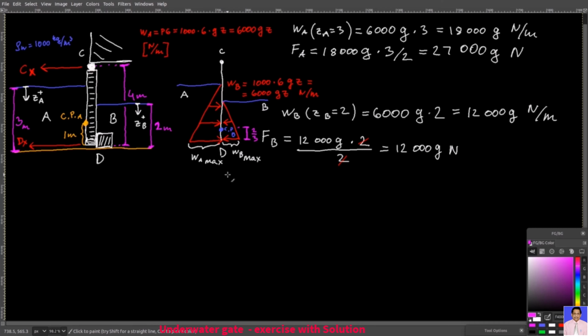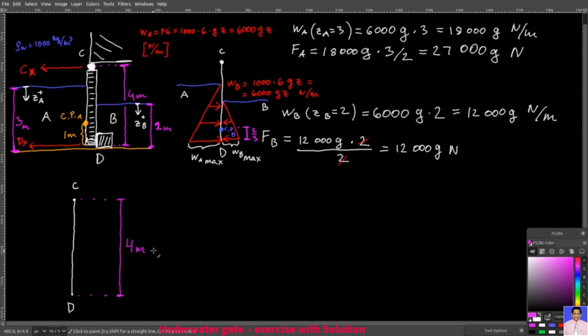And so now that we have our total forces on the A and B side due to our pressure distributions, and we have their respective centers of pressure, now we can calculate these two reaction forces, Cx and Dx. So I'm going to draw this gate again. This is C, this is D. Its total length is 4 meters.